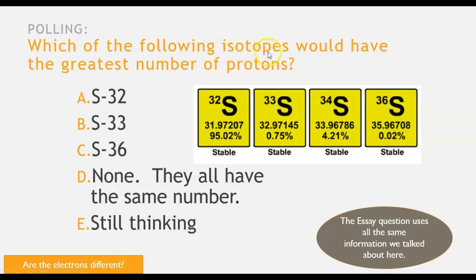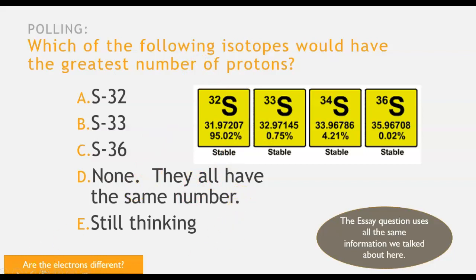So this named this an isotope: sulfur 32, sulfur 33, sulfur 34, sulfur 36. Hopefully you picked D, none. They all have the same number, because if they had a different number of protons, they would not be sulfur.